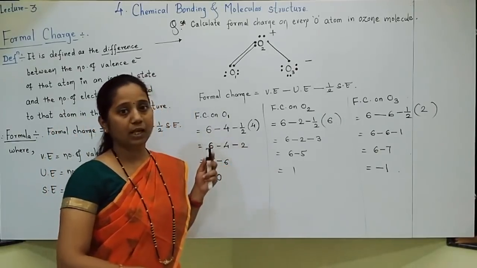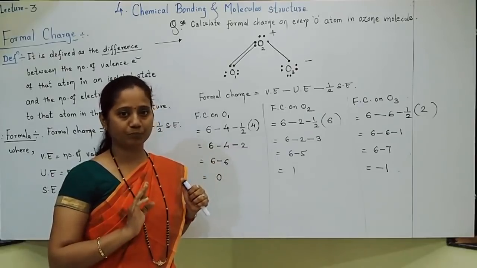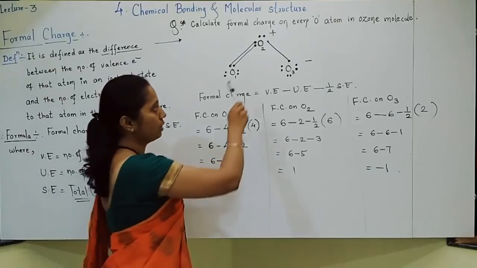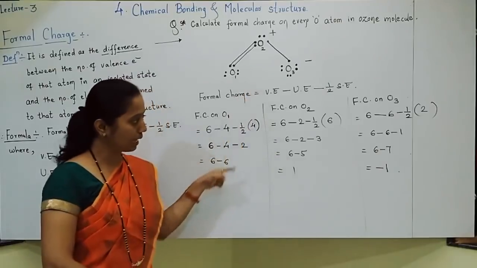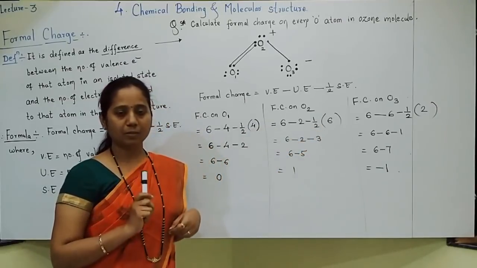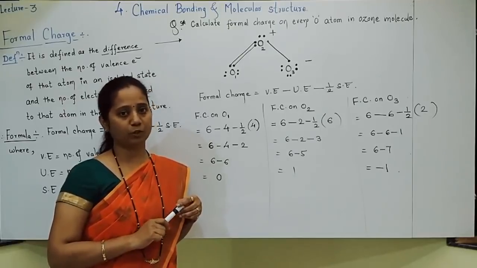Write down the question. And they will surely ask you about the ozone molecule for the PU. If they ask you about the ozone molecule, then you must draw the structure and do the calculations like this, and calculate the formal charge on every oxygen atom in the ozone molecule.